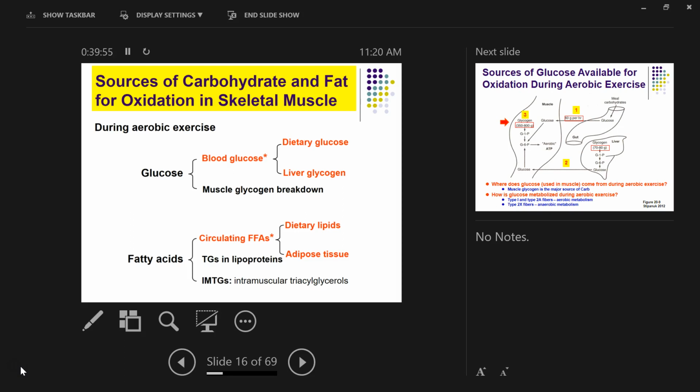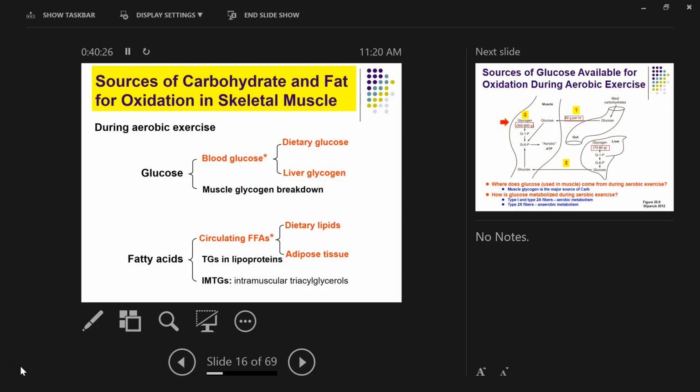Now here I just wanted to tell you a little more about the energy sources for aerobic exercise. Again, different types of exercise, different, right? So let's talk about aerobic exercise. During aerobic exercise, muscle is able to use glucose and fatty acids, right?